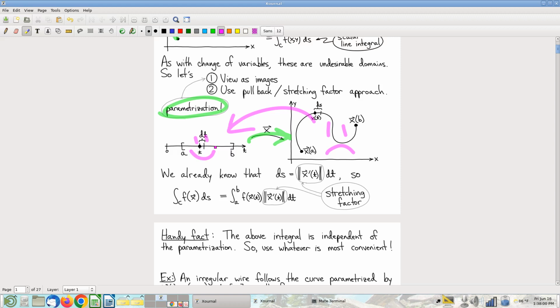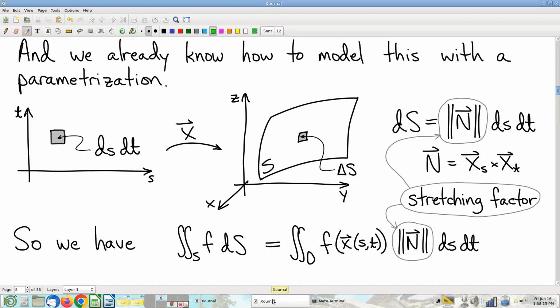So parameterization was what we used to do a pullback. And we had an existing setup of named objects and participants. It was a pretty easy calculation to follow through. So we're going to do the same exact thing here.